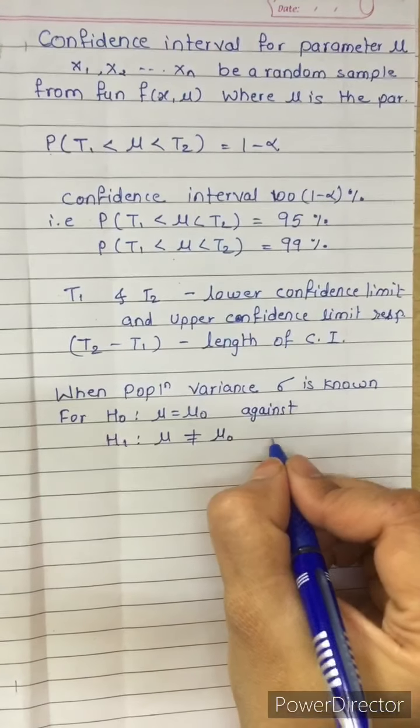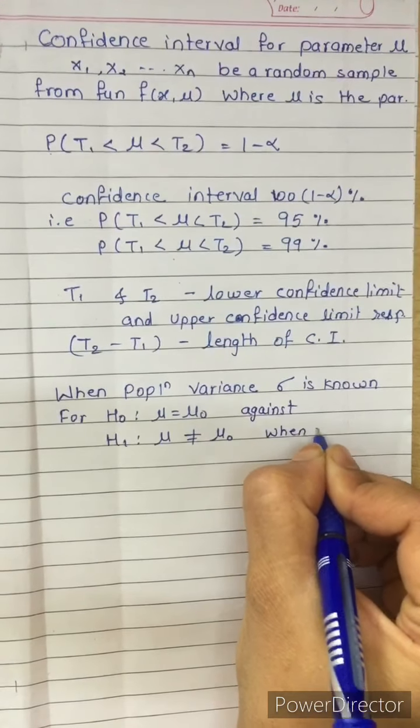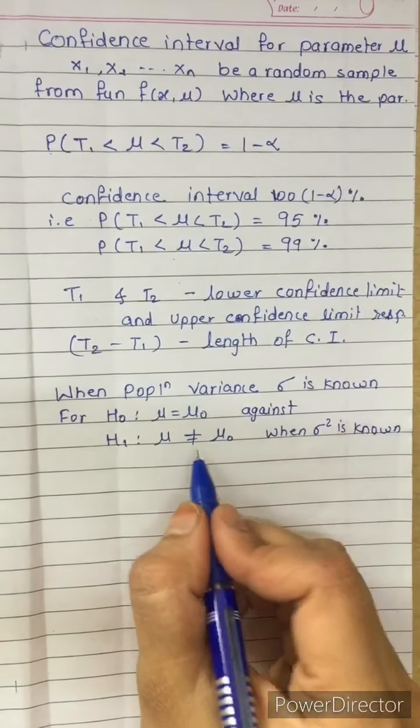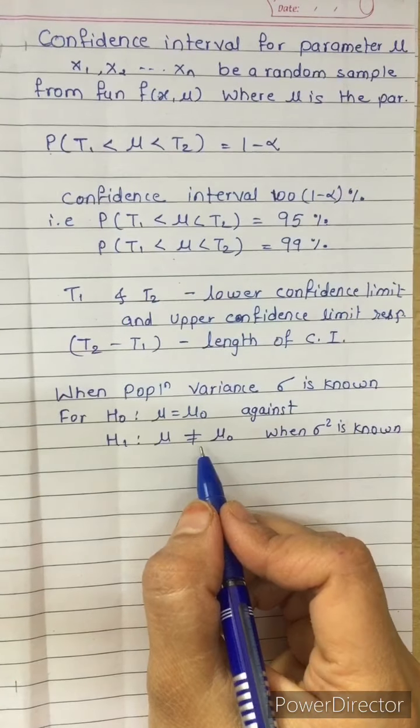When sigma square is known, here we take only two-tailed test, okay.